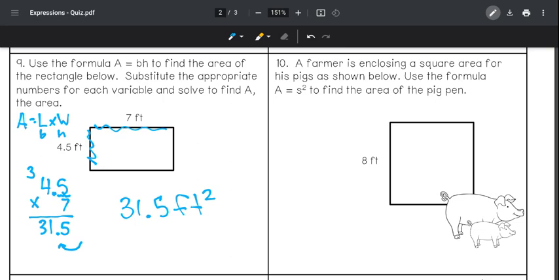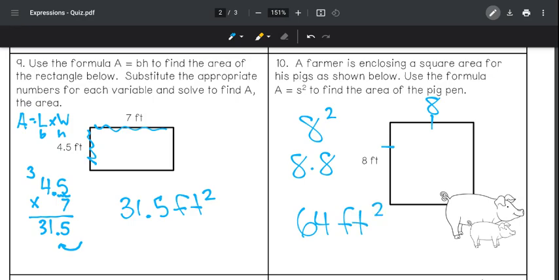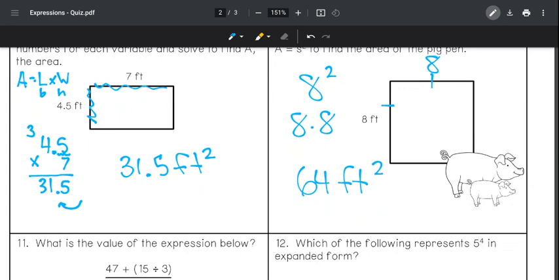So it's just telling us to square it instead of saying base times height because they're all the same numbers, okay? So 8 squared is the same thing as 8 times 8, and our answer is 64 feet squared. Okay, if you did not label it feet or squared, then you missed points, even if your math was correct. You have to label your units.